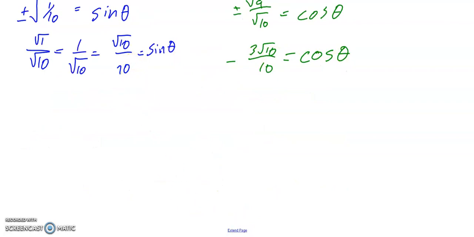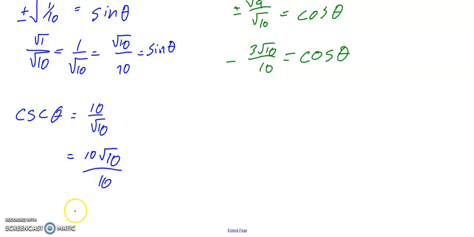To find cosecant, we're going to take the sine and just flip it upside down. We hate square roots on the bottom, so this is going to become 10 radical 10 over 10. The 10s are going to cross out, leaving me radical 10. So the cosecant of theta is radical 10.